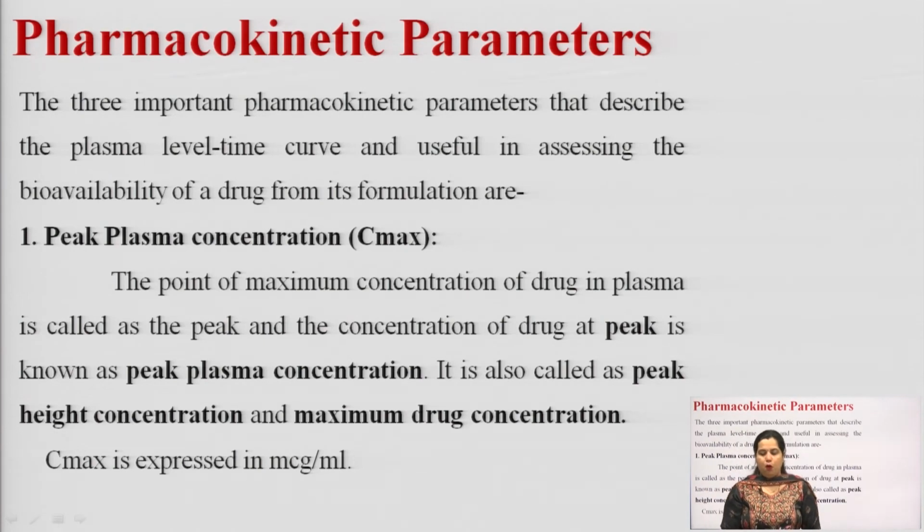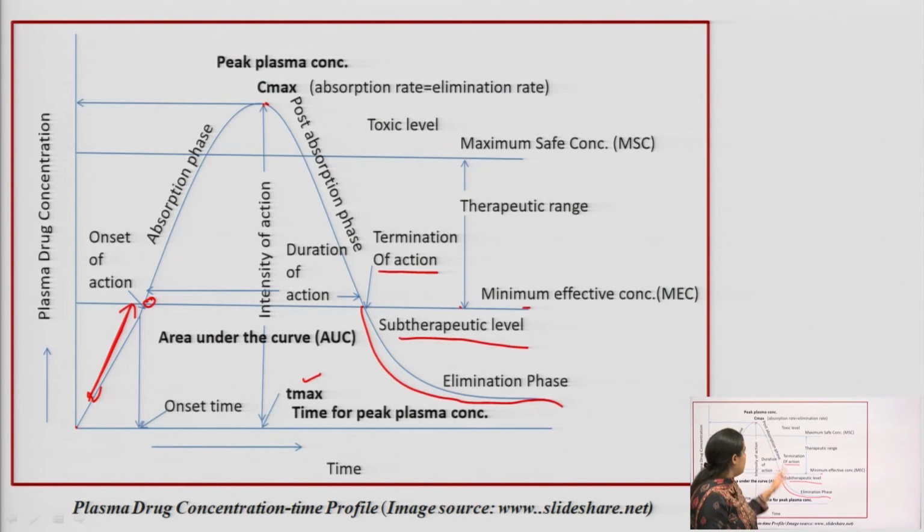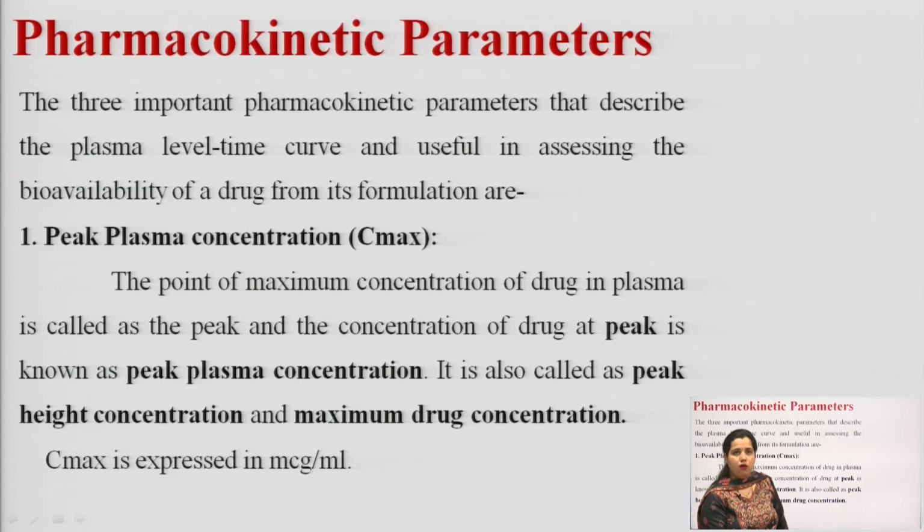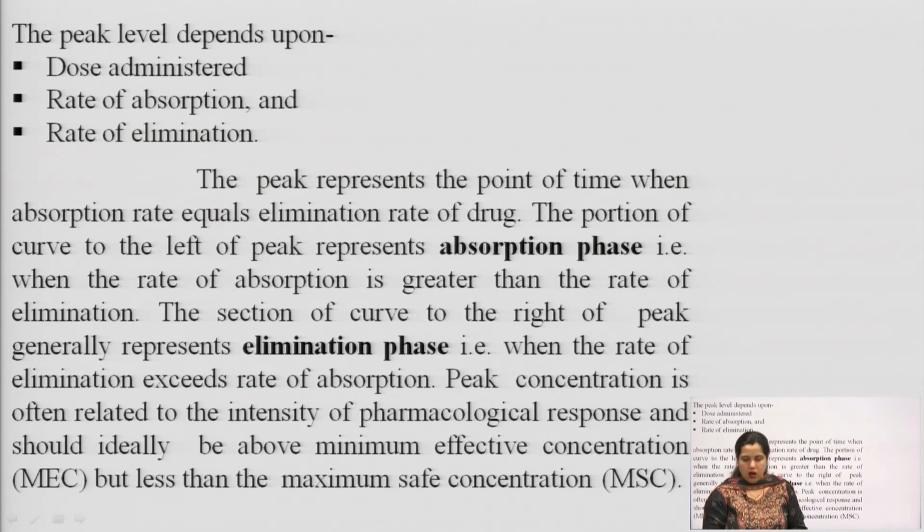Now, the point of maximum concentration of drug in plasma is called Cmax, as I told you just now. This is the peak plasma concentration. It is also called peak height concentration or maximum drug concentration. Cmax is expressed in microgram per ml. The peak plasma level depends upon the dose administered.